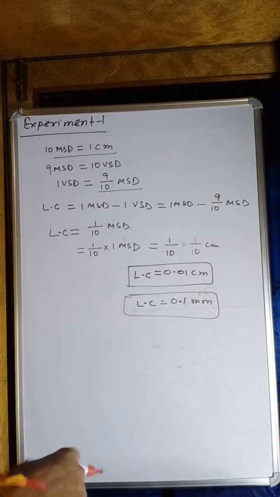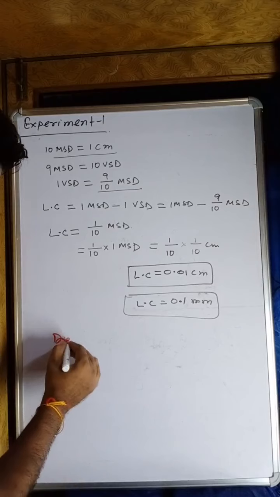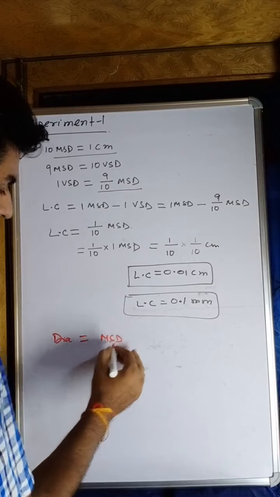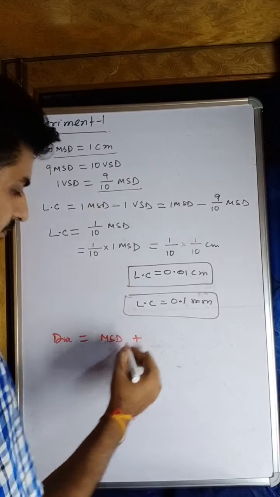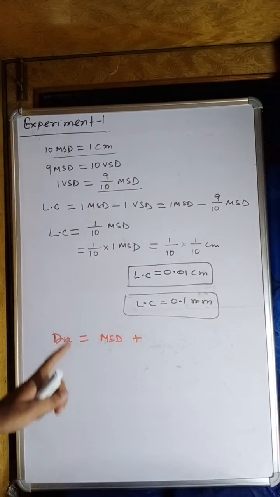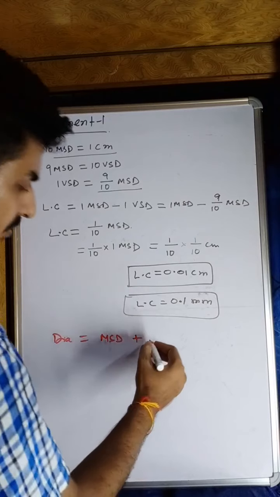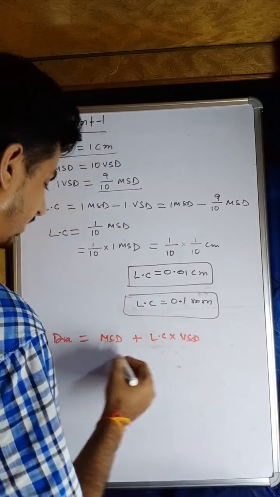The diameter will be the number of main scale divisions plus the least count into the number of vernier scale divisions.